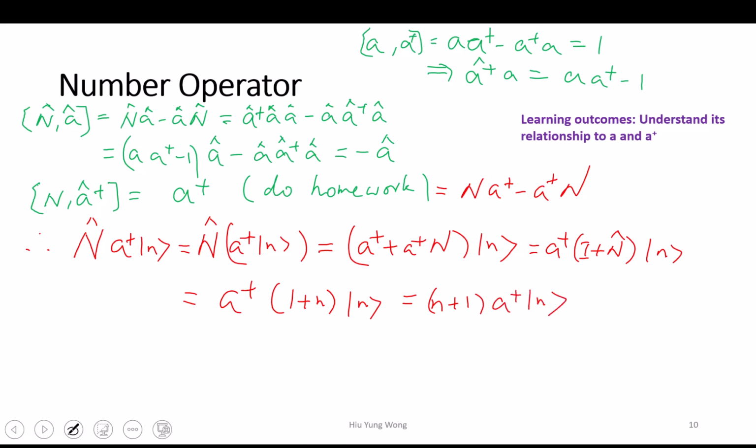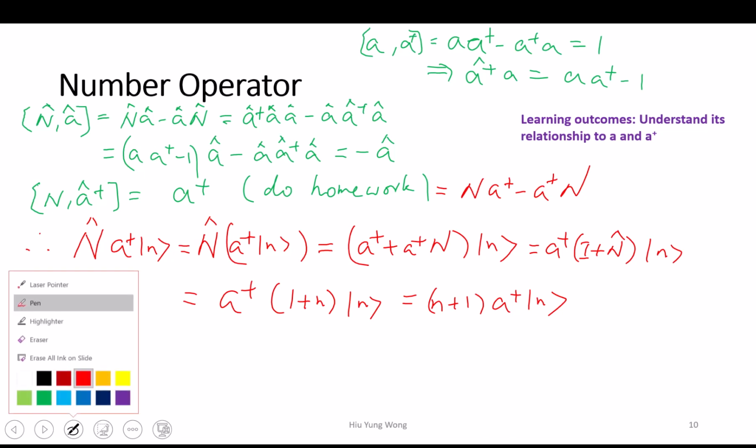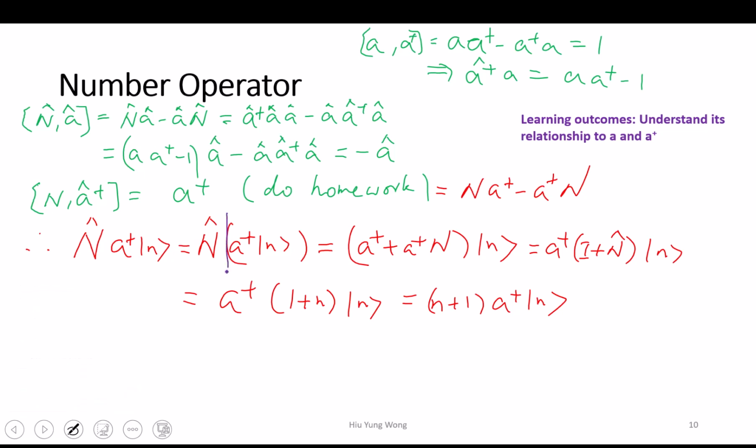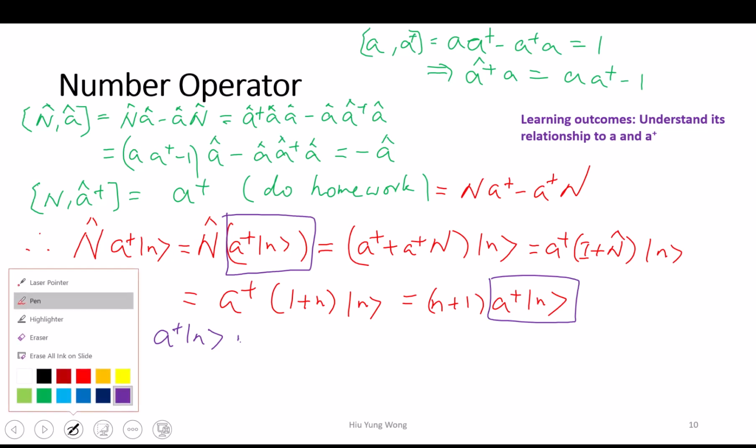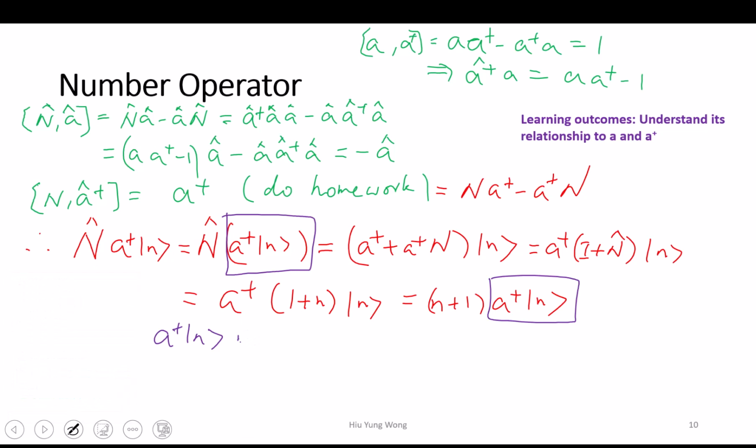Is it okay? So what have I found? Look at this. I apply n to this state, and then I get n plus 1 to this state. Okay? Then what does it mean? It means a dagger n must be proportional to the n plus 1 state.